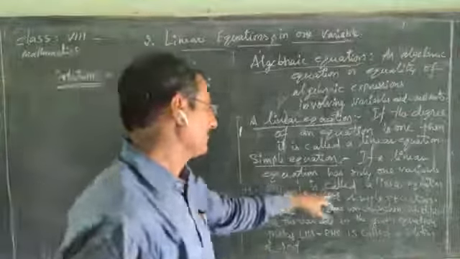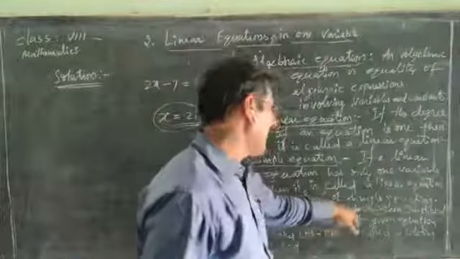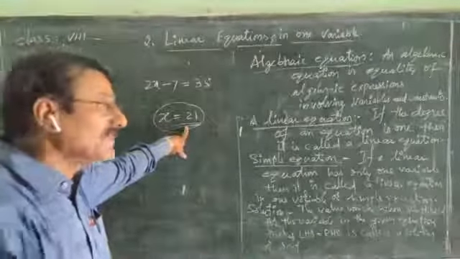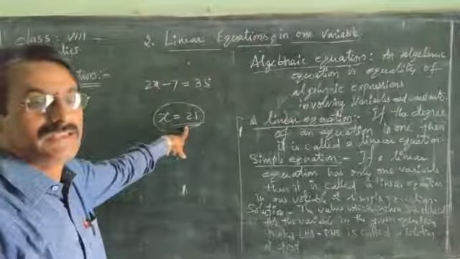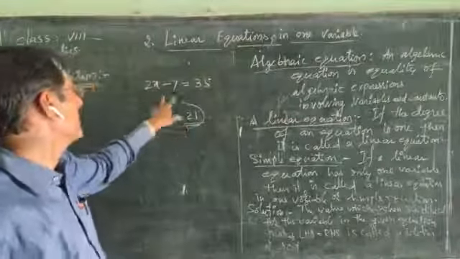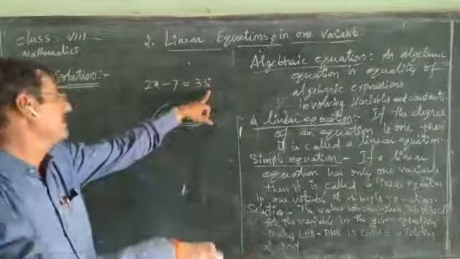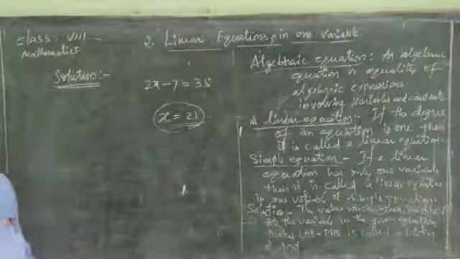See here, the value which, when we substitute in the equation, makes LHS equal to RHS, is called a solution of this equation.